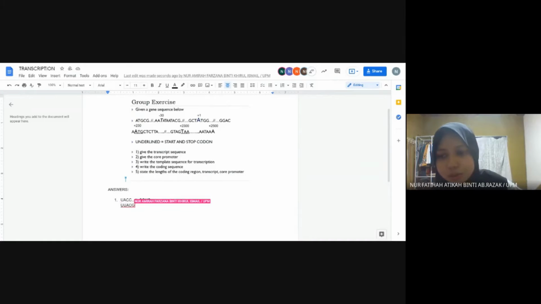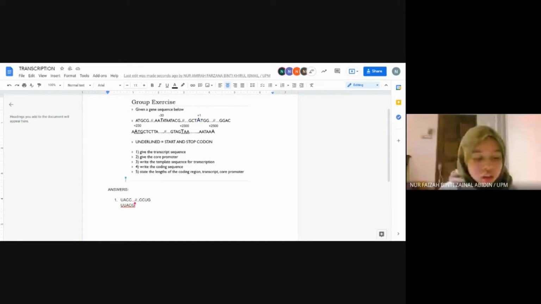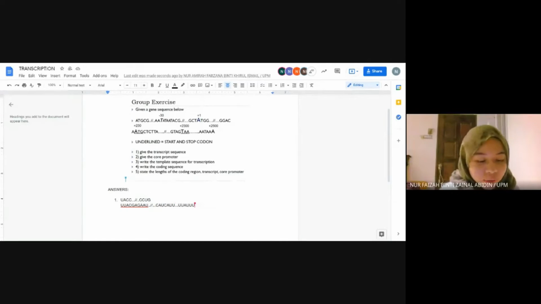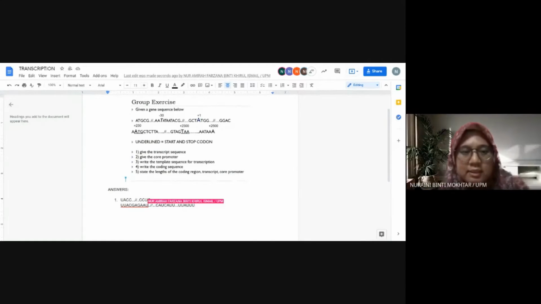Guys, do we need to put 5 prime and 3 prime? Yes, we need to, because for the transcription, it will show that it will transcribe from 3 to 5 prime. But for the DNA sequence, it is from 5 prime to 3 prime, right? No, I mean the transcription is 5 prime to 3 prime. Yes, 5 to 3.